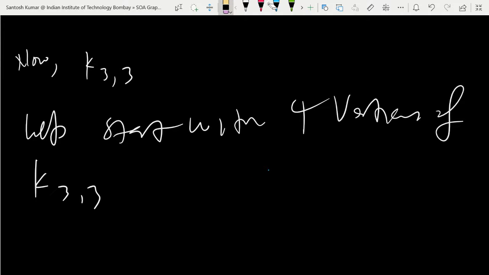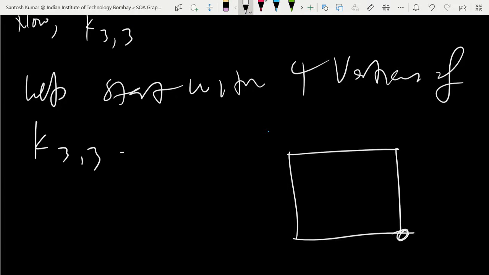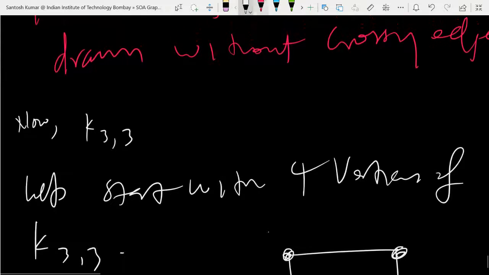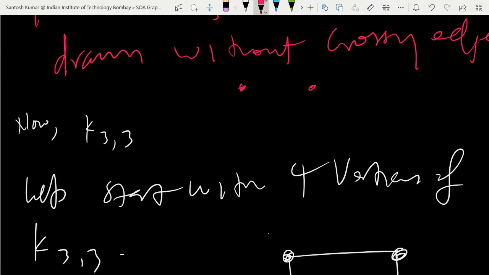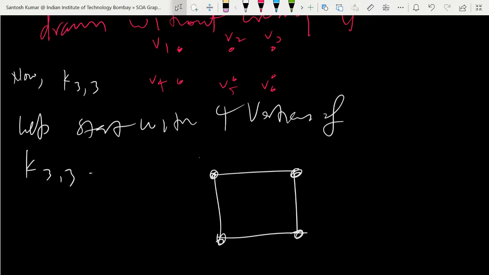So let me draw first. Four vertices you take like this, no problem. You might be confused how I'm doing this. See, 1, 2, 3, 4, 5, 6. Let me call them V1, V2, V3, V4, V5, V6, so that we can relate. Each of V1, V2, V3 will be joined with V4, V5, V6.